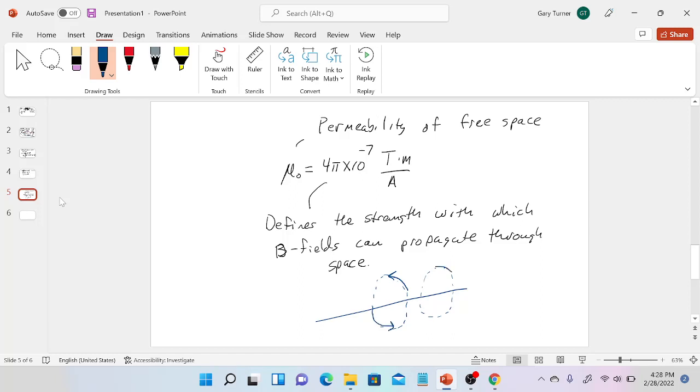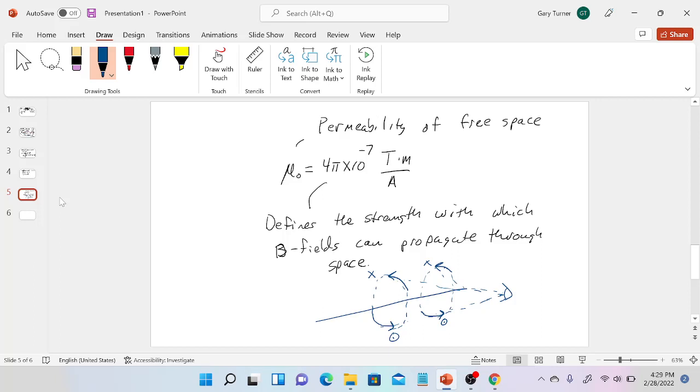If my magnetic fields are wrapping around this way, when I look above the wire here and here, I would see into the page, and when I look down here, I would see coming toward me out of the page.